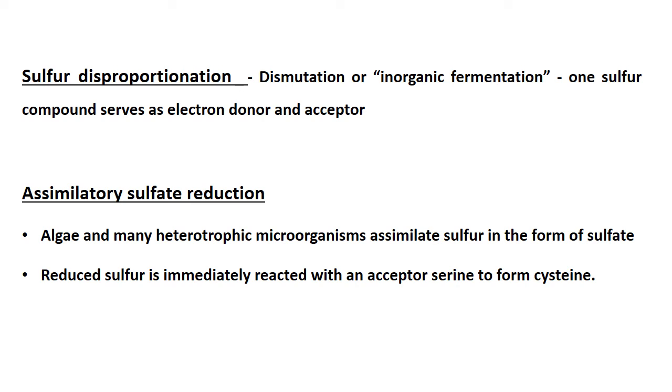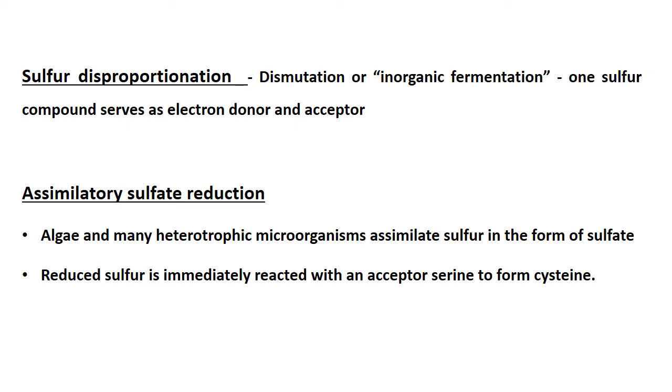This is also known as dismutation or inorganic fermentation. This is an ecologically and technologically important part of sulfur cycle, where a single sulfur compound serves as both electron acceptor and electron donor.